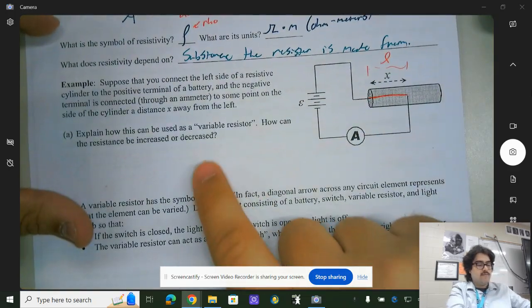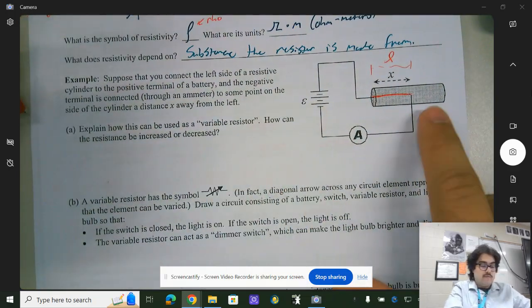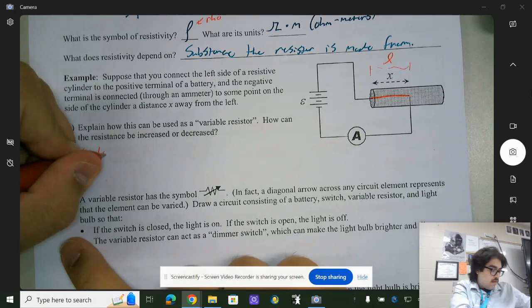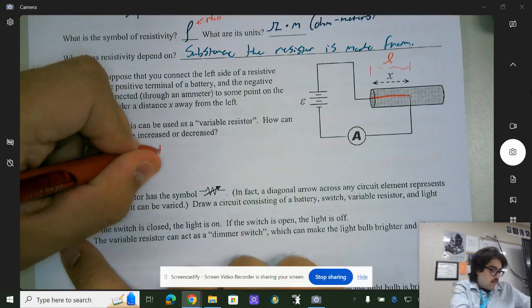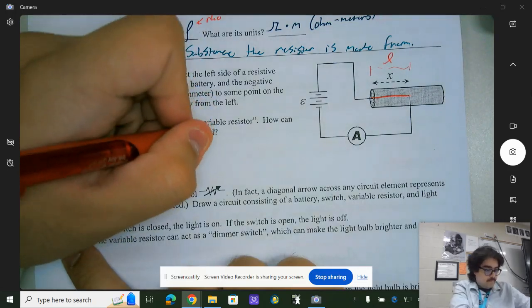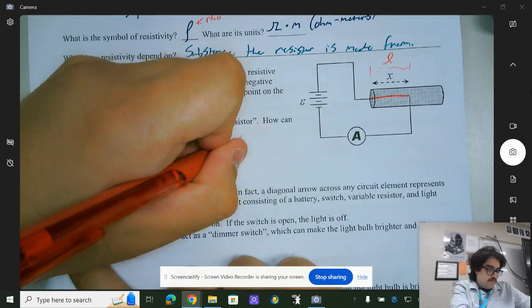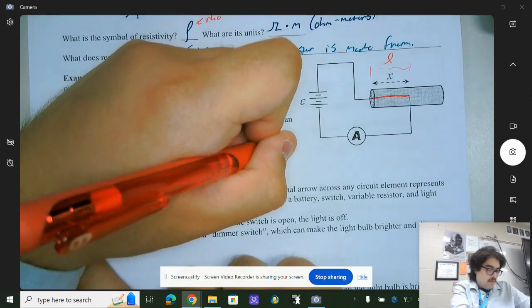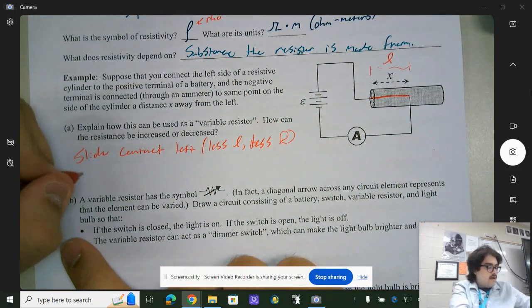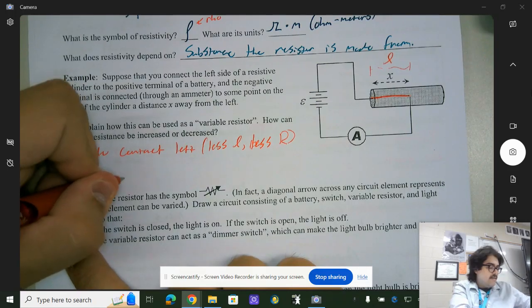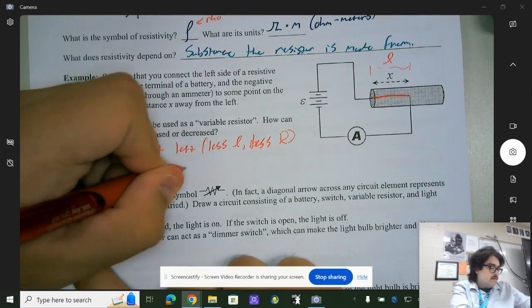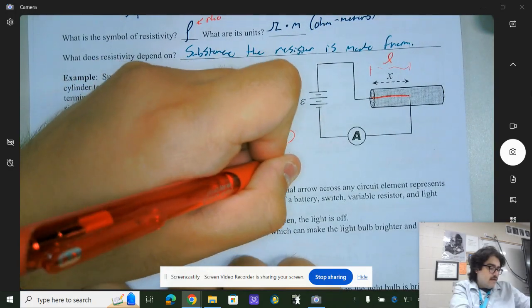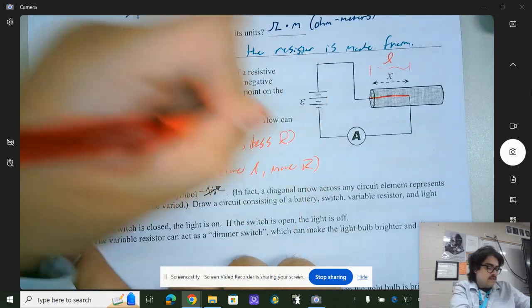So if we slide this contact to the left, L is decreased, that's less L, so less resistance. Or we can slide the contact to the right, which gives us more L and more resistance.